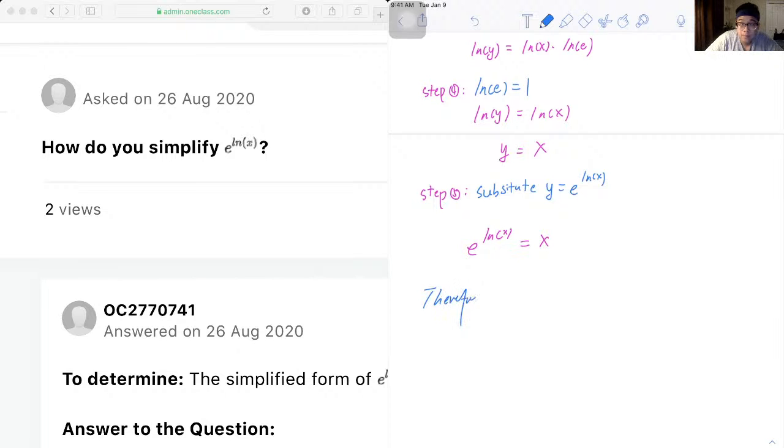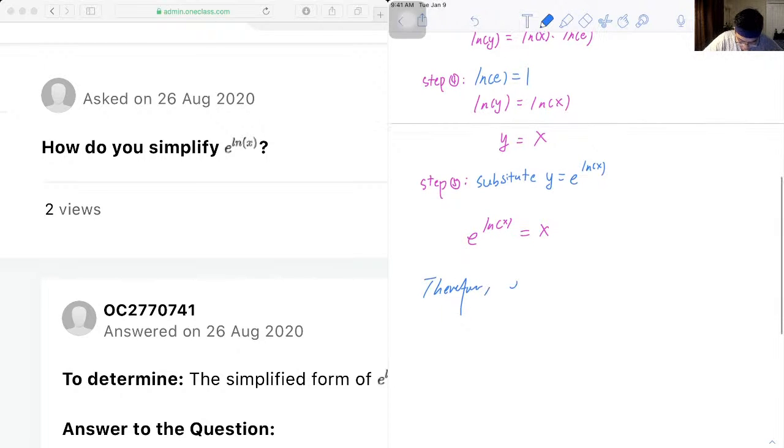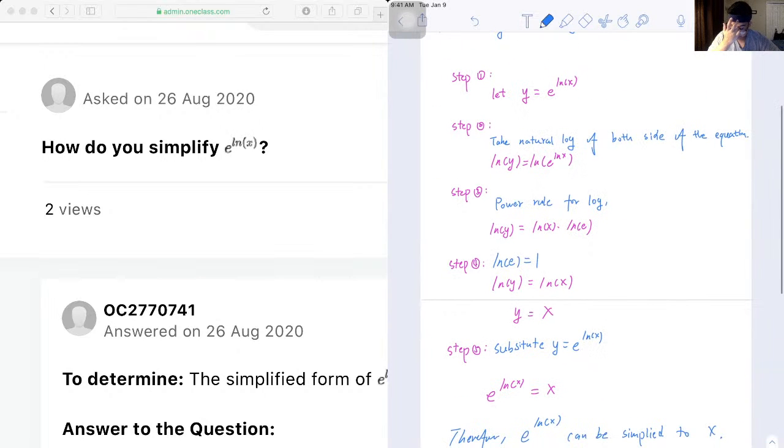Therefore, e to the exponent of ln x can be simplified to x. Okay. Yep, so that's all we get for this question.